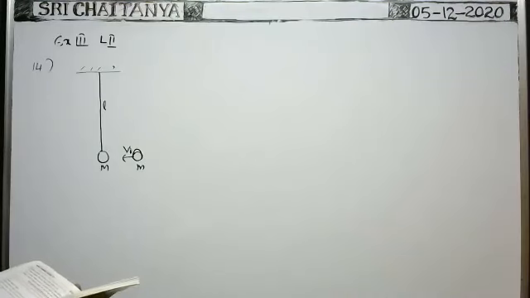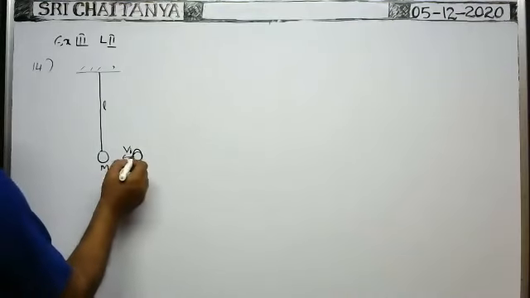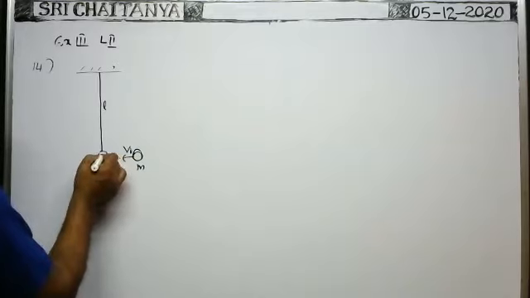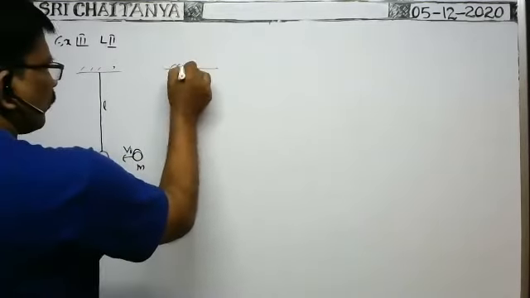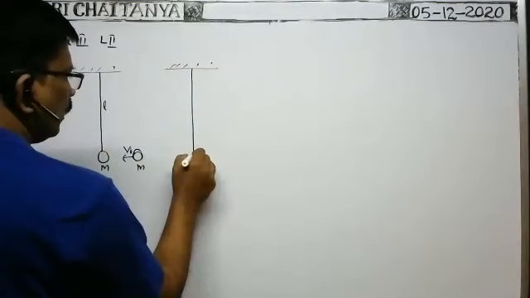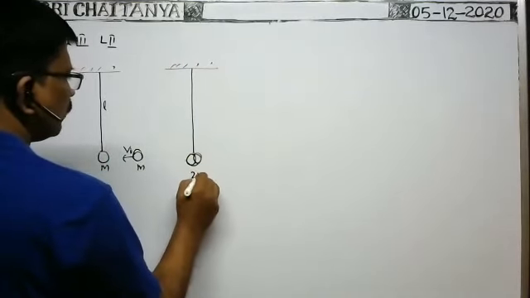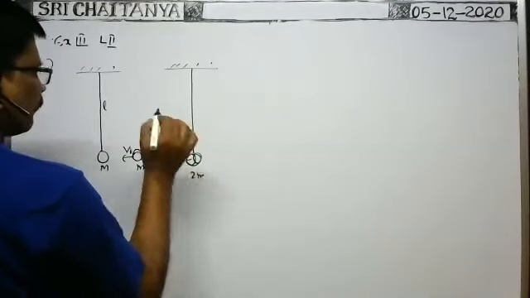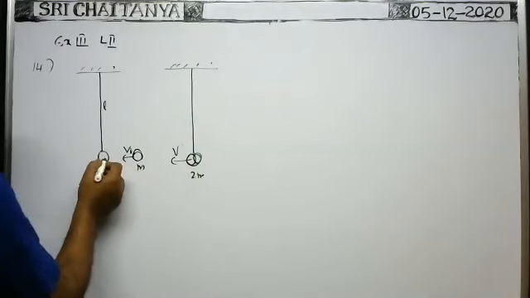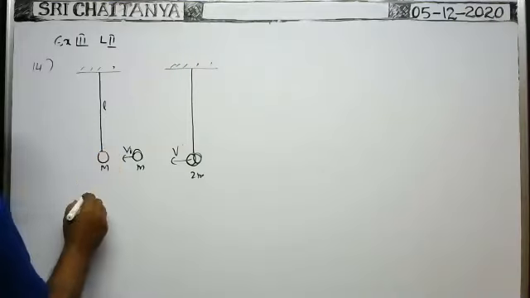The time period of the pendulum is, okay, whenever this sphere makes collision with this one and sticks to it, the system of mass becomes 2m. Then with what velocity does it move? The collision obeys the law of conservation of linear momentum.